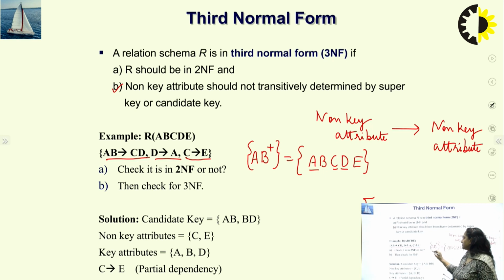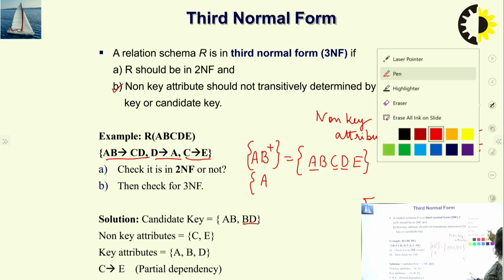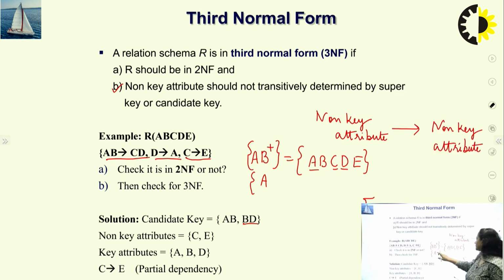Let's try another. Let's take BD. We can directly take this BD, right? Or you can try the different combinations later.